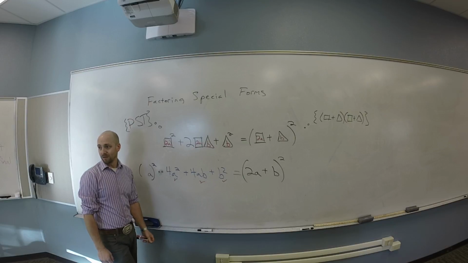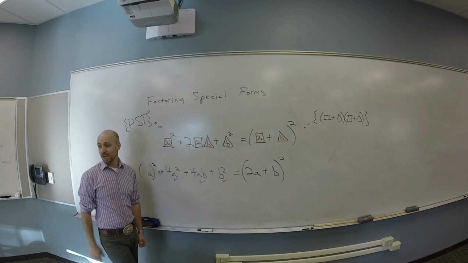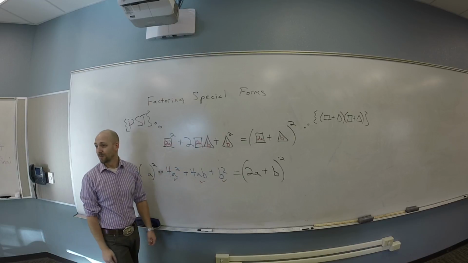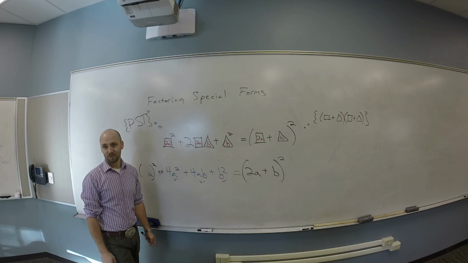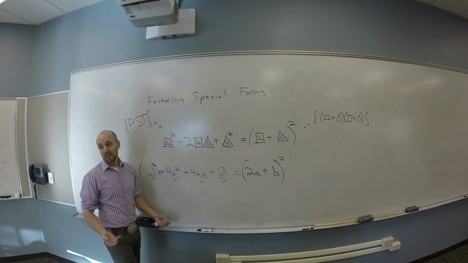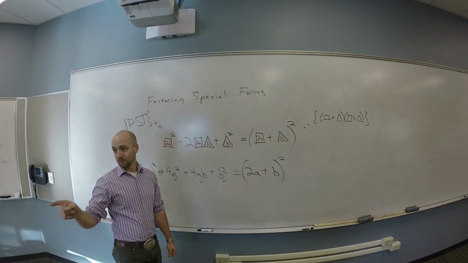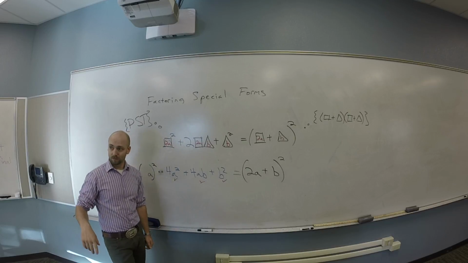I could use the AC method. It'll totally work. Is it harder than noticing? I don't know, it depends on who you are. So when in doubt, try the AC method. It'll still work. Another question: would rearranging the AC method help?